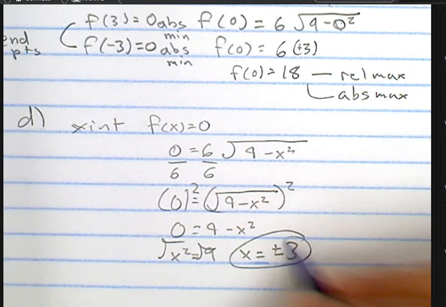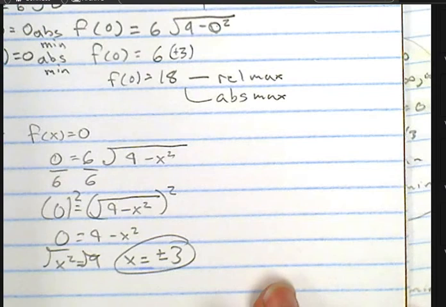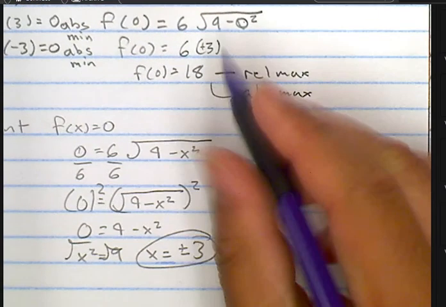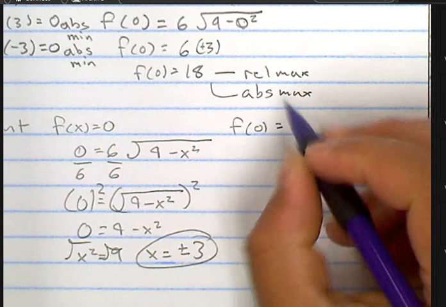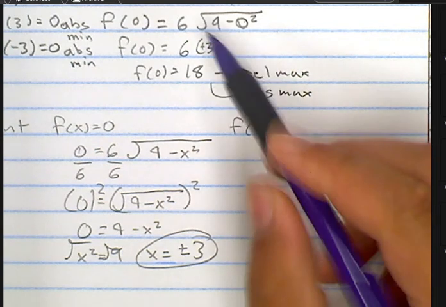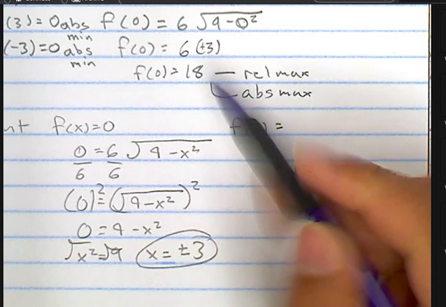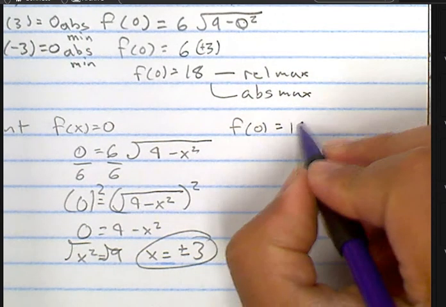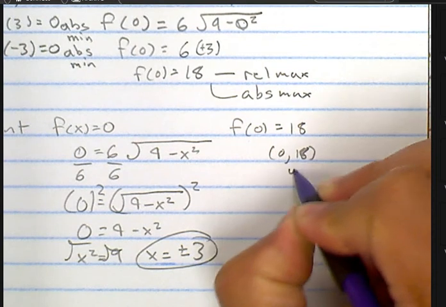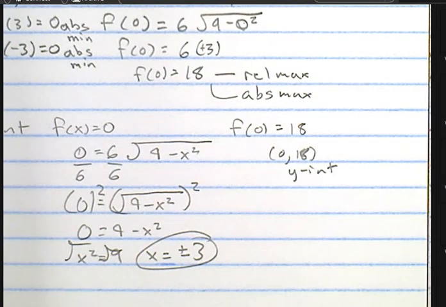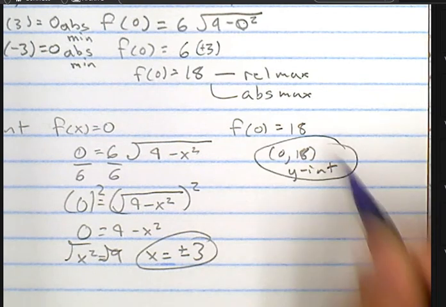There we go. Y-intercepts. Plug in 0 for x. We've already done that up here. There's my y-intercept. Okay. Moving on.